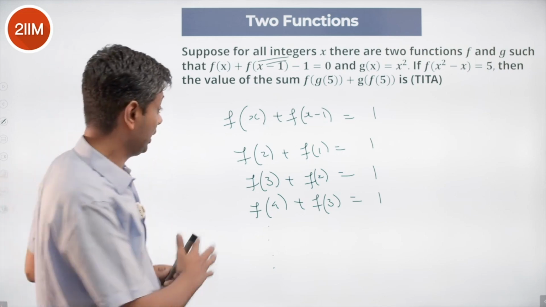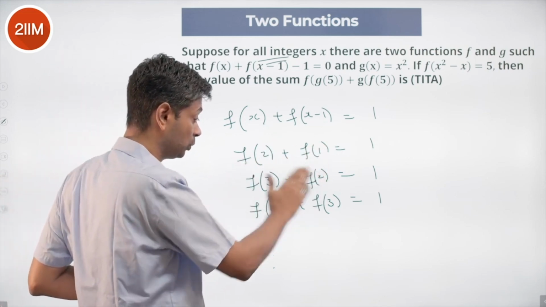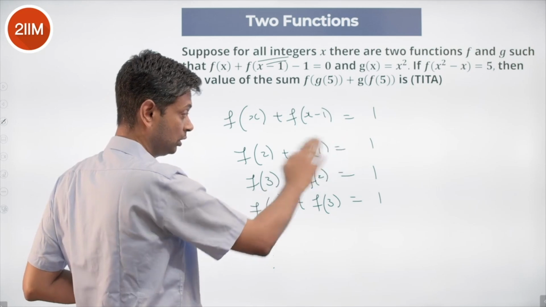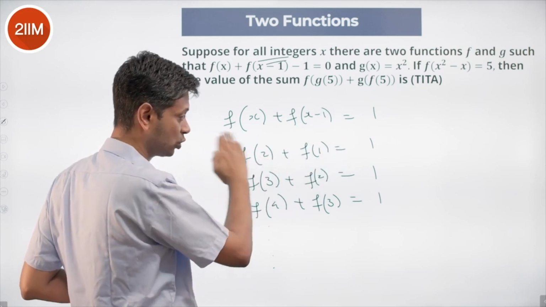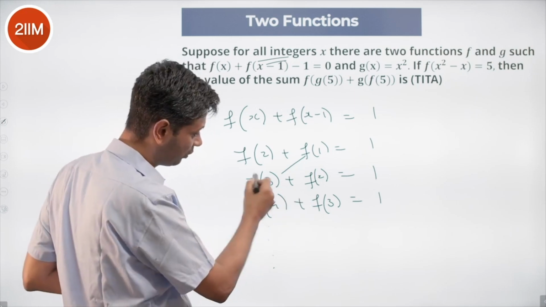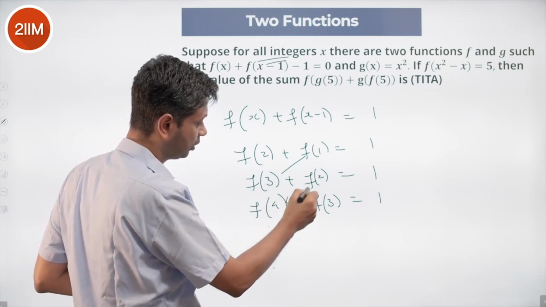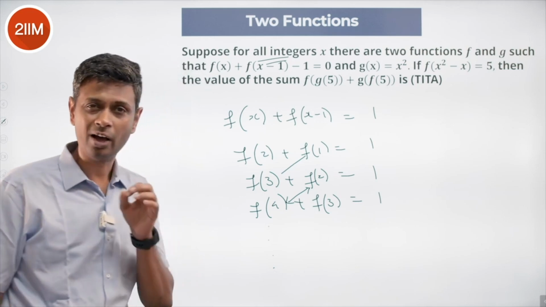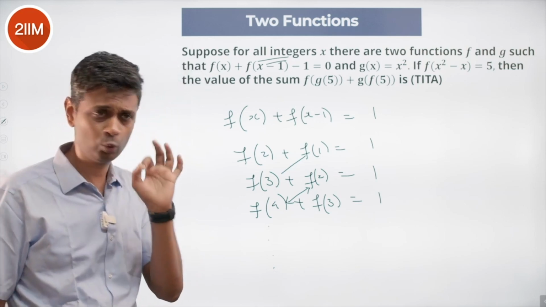Beautiful. F of 2 plus f of 1 is nothing but f of 2 plus f of 3. Both are 1. This plus this equals this plus this. F of 2 is common, so f of 1 is equal to f of 3. Between these two, f of 3 is common, so f of 2 is equal to f of 4. We just extrapolate it beautifully.